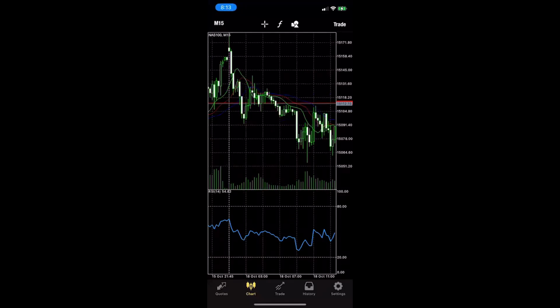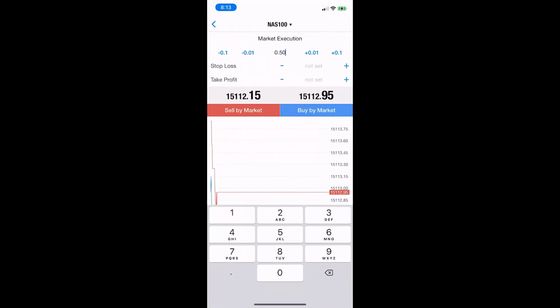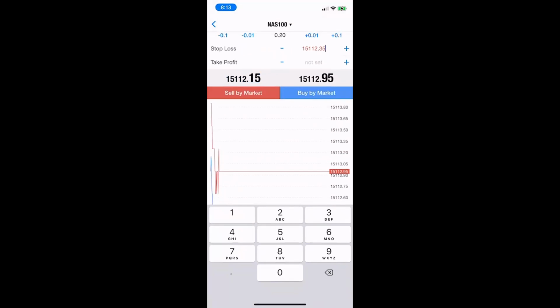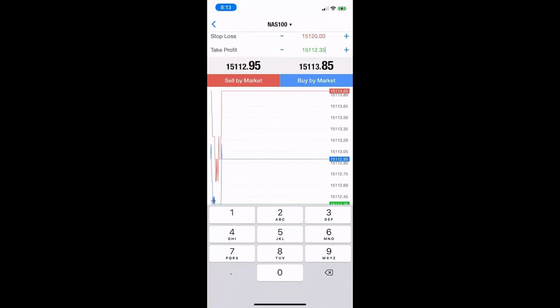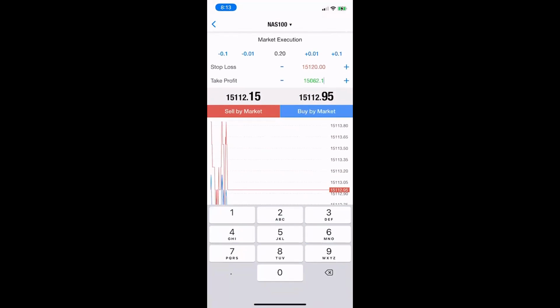All right, so we're talking about NAS100, so trade. Stop loss is 151, 0.0. Take profit 15062.1.